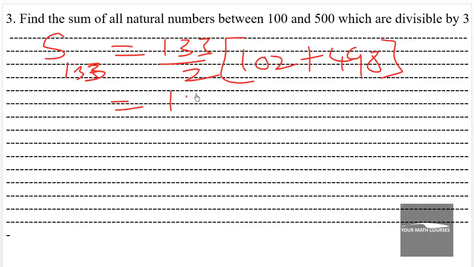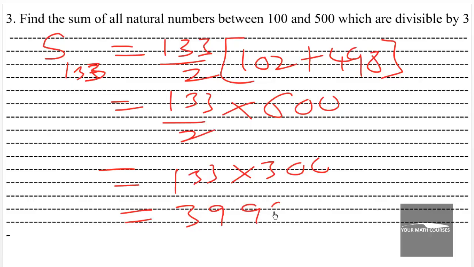Using your calculator, 102 plus 498 gives 600. So that will give us 133 times 300, and 133 times 300 should give us 39,900. So that is the sum of all the natural numbers between 100 and 500 which are divisible by 3.